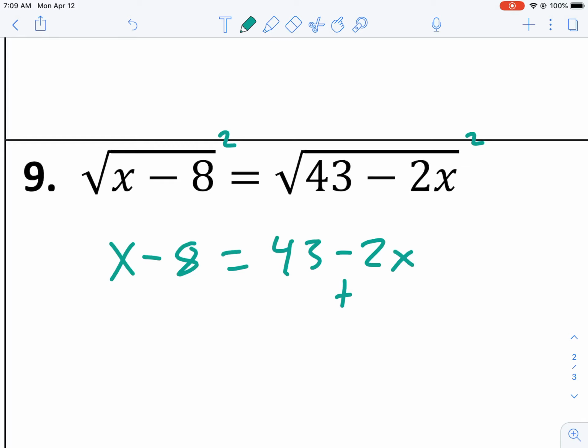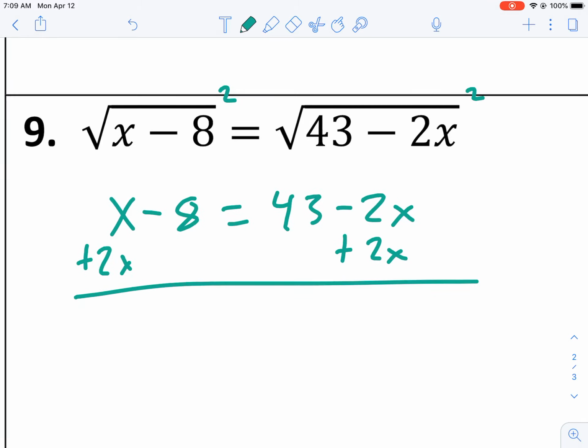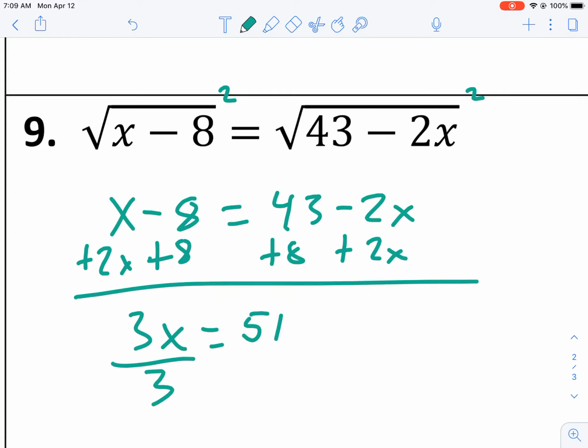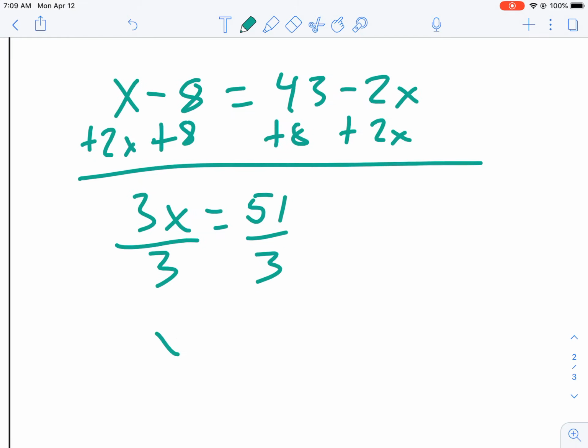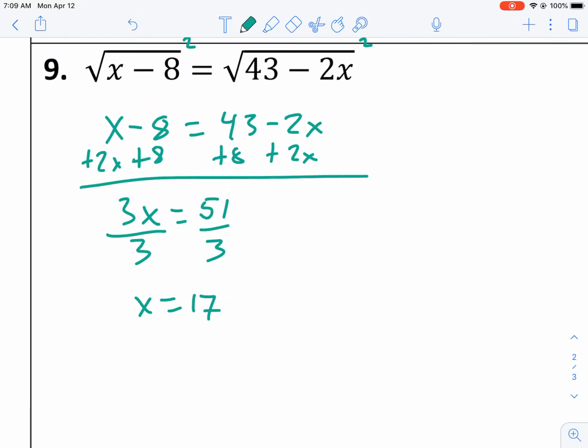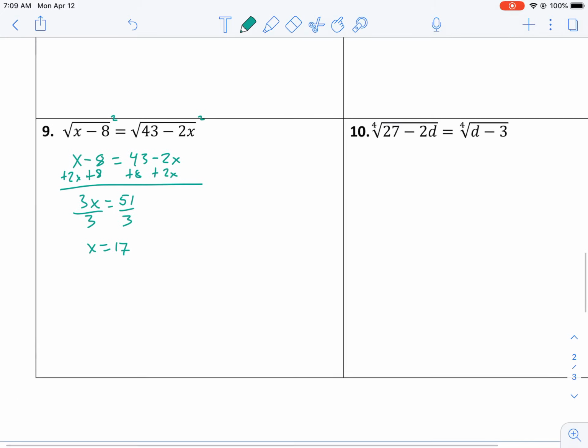Now we want to solve this, so I'm going to add these x's over to combine like terms, and then I'm going to add this 8 over since I'm bringing the x's to the left, so that'll be 3x equals 51. Divide by 3, x equals 17. So for 10, you would do the same thing, except you just fourth both sides, but it doesn't really matter that much.